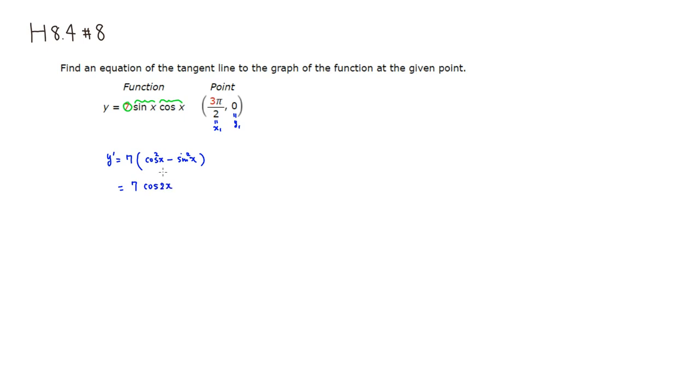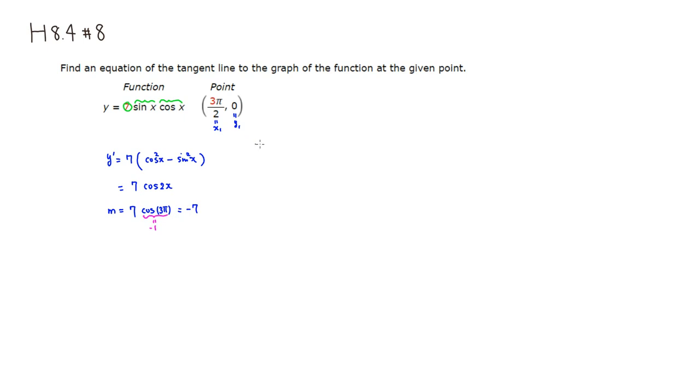So if you find the slope m, all you have to do is 7 cosine of 2 times x1, so it's going to be 3 pi. The cosine of 3 pi is, let's see, negative 1. So therefore, m is going to be equal to negative 7.